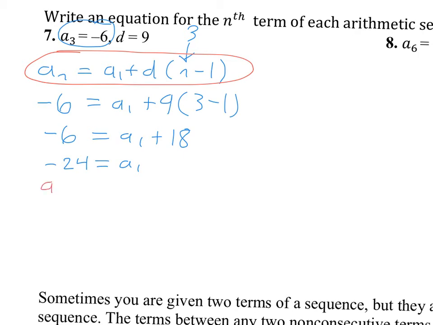So AN equals, A1 is -24 plus 9 times N minus 1. AN equals -24 plus 9N minus 9. AN equals 9N minus 33.